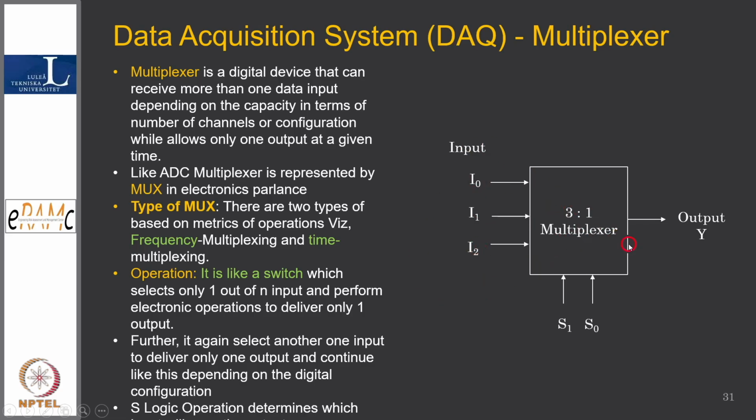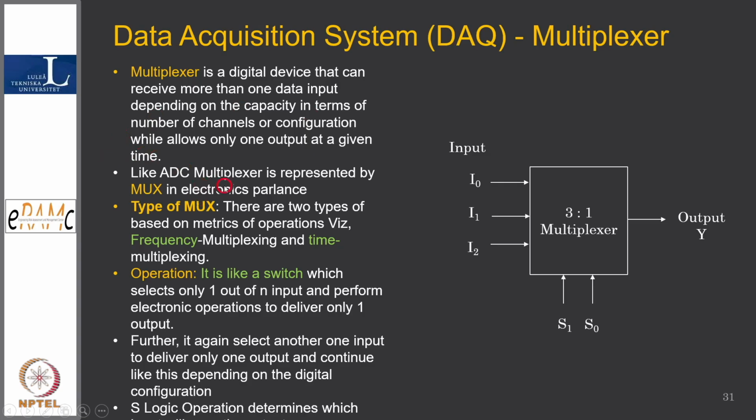At a time it generates one output, and that is the mechanism of multiplexing. Let us see the definition. It is a digital device that can receive more than one data input, depending upon the capacity in terms of the number of channels or configuration. So the kind of multiplexer you buy will tell you whether it is 1 channel, 2 channel, or 3 channel. Of course, we will need many more channels because we are measuring many more components as part of the PHM.